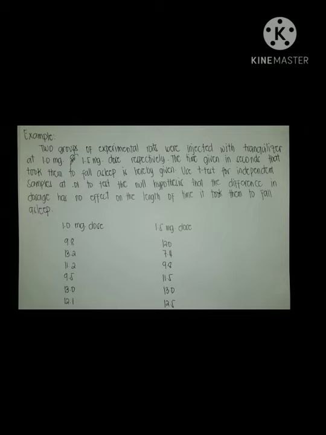The time given in seconds that it took them to fall asleep is hereby given. Use the t-test for independent samples at 0.01 to test the null hypothesis that the difference in dosage has no effect on the length of time it took them to fall asleep.